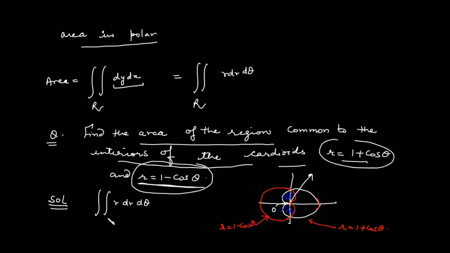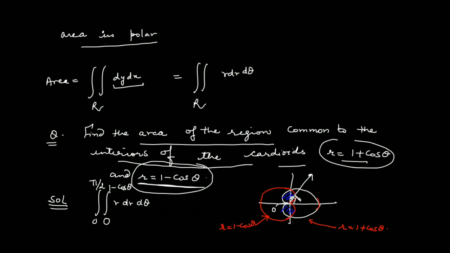Now we have to write down the limits for r. When you take an initial ray passing through the region in the increasing direction, r varies from 0 to this curve. Here the value of r is 1 minus cos theta, and theta is 0 to pi by 2.